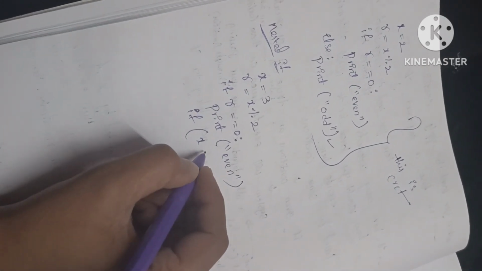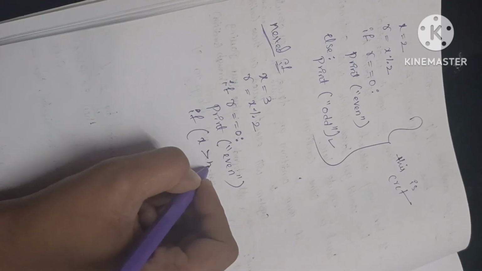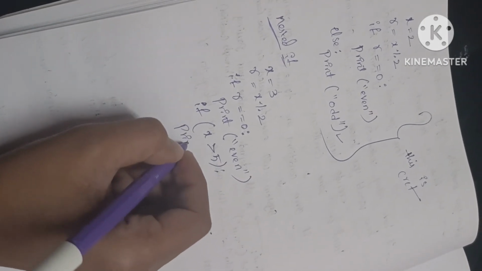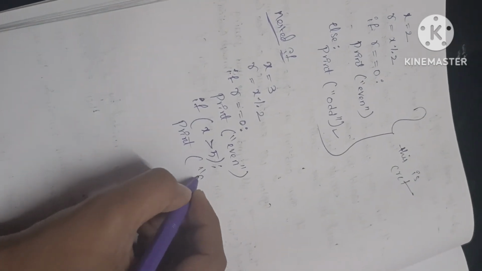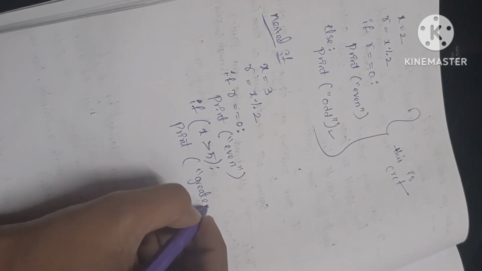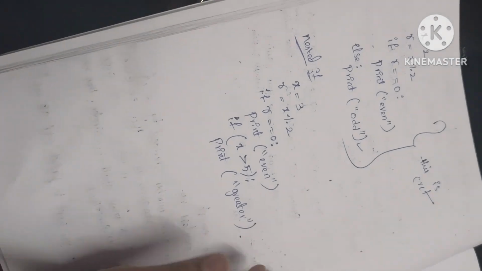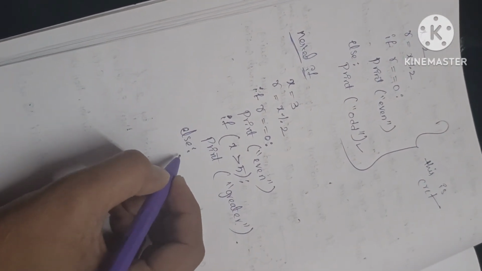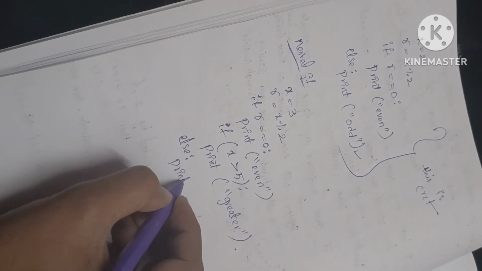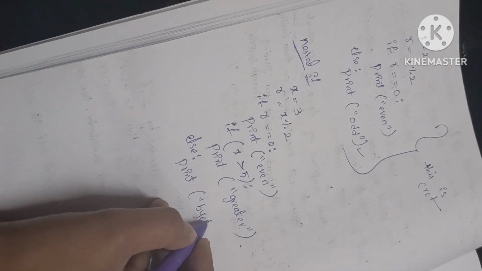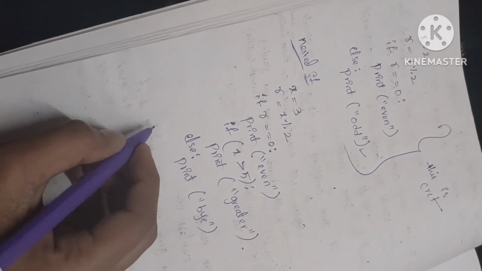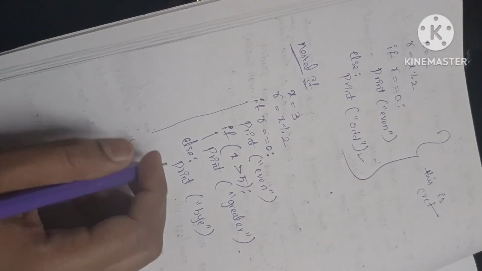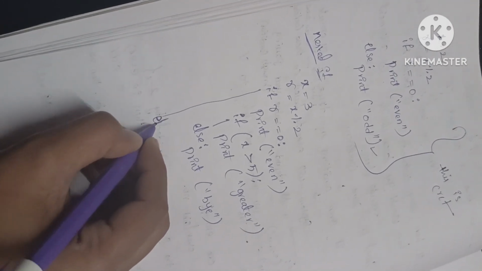So inside the if we will write another code for the greater one. If the given number is greater than 5, it will print greater, or else it will go to the else block and print lesser. So inside the if it also has an else block, and the outer if also has an else block.